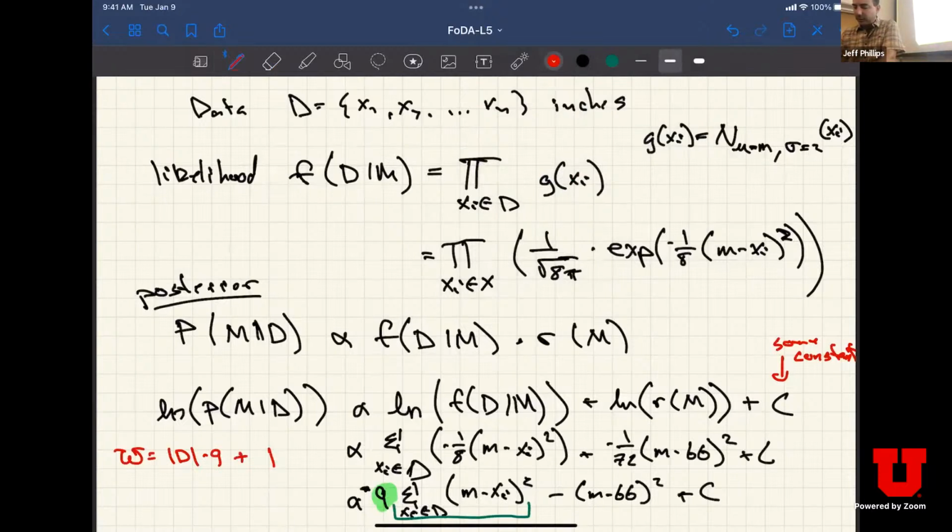And now I can compute the weighted average of d and the prior as the sum over xi of 9 times the value of xi, plus 66, which is from the prior, divided by this total weight. Instead of just dividing by n, I had to weight these things by 9.